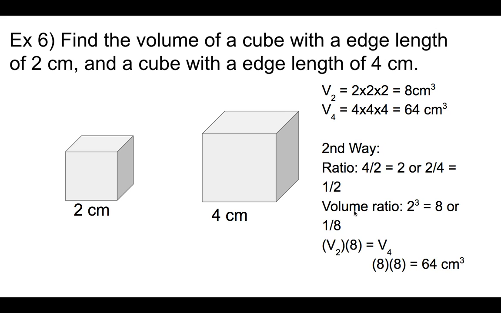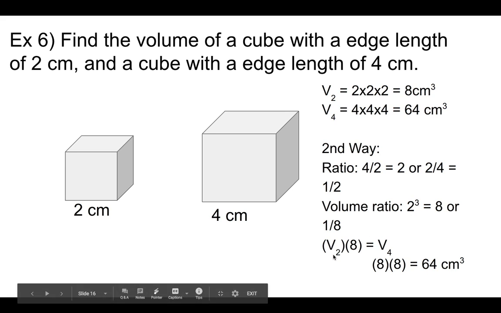While for volume, if you take your ratio and cube it, you get the volume ratio. So 2 to the third power is equal to 8, or 1/8, because remember you can always take the reciprocal and end up getting your second ratio.